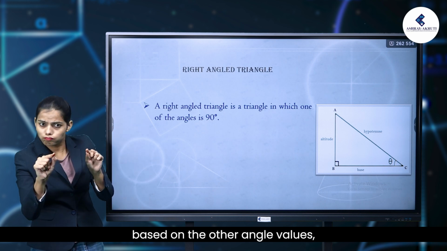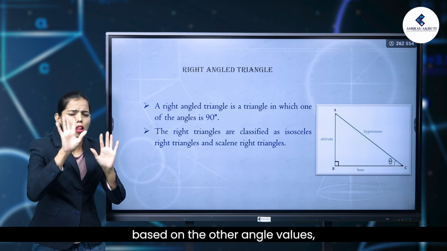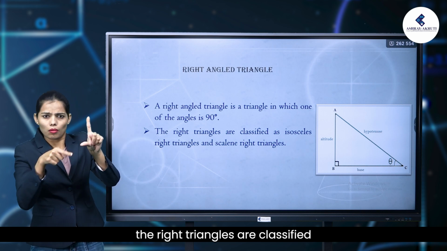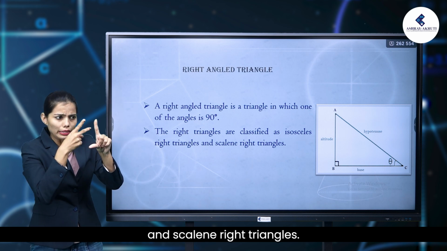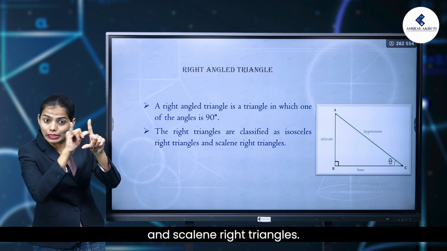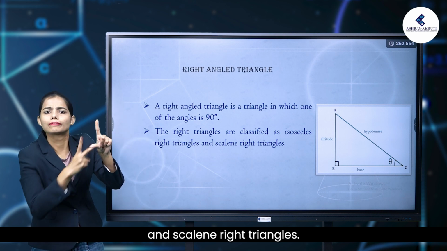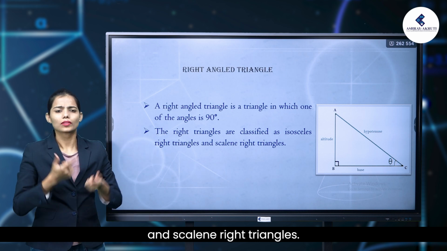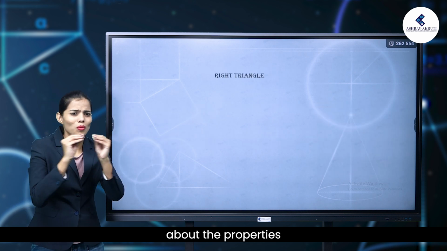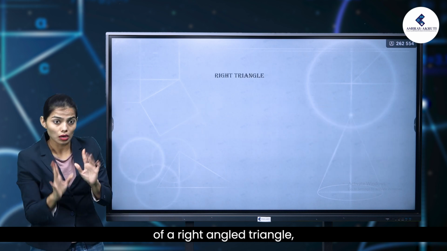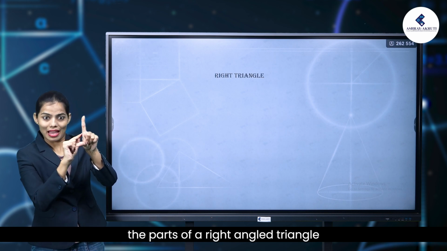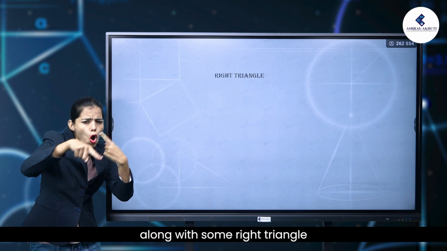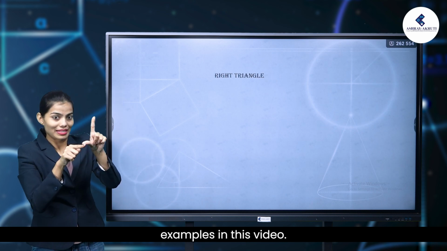Further, based on the other angle values, the right triangles are classified as isosceles right triangles and scalene right triangles. Let us learn more about the properties of a right angle triangle, the parts of a right angle triangle, along with some right triangle examples in this video.